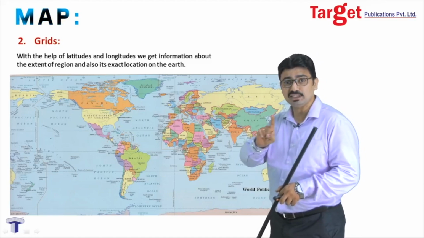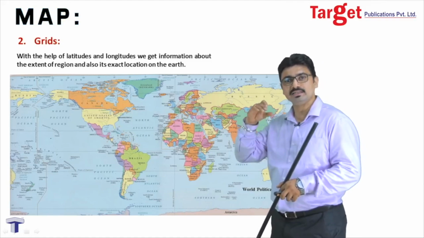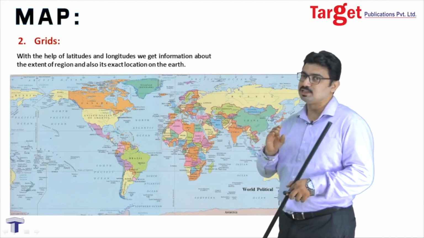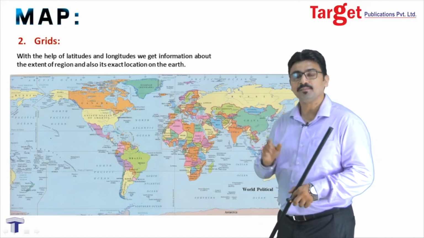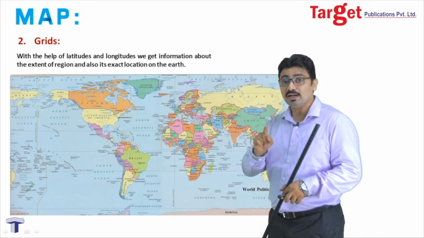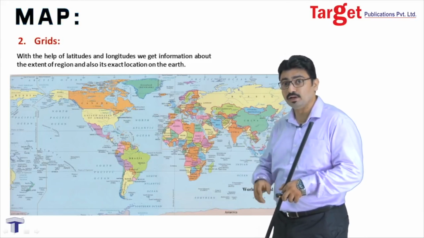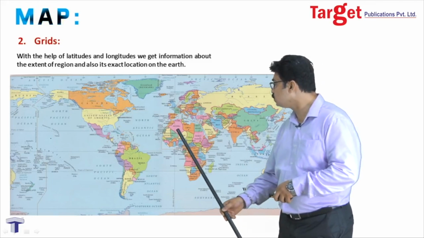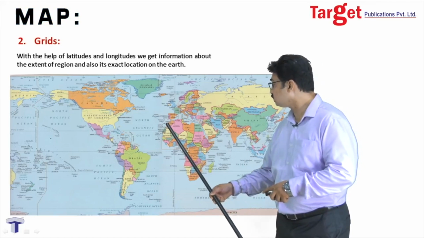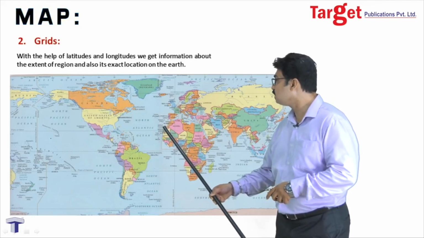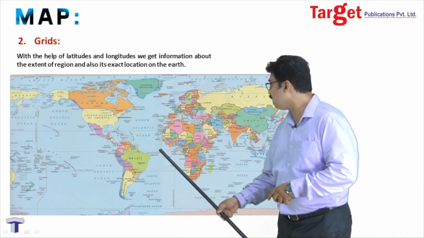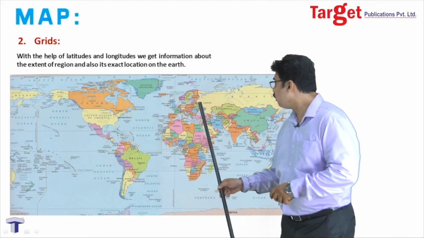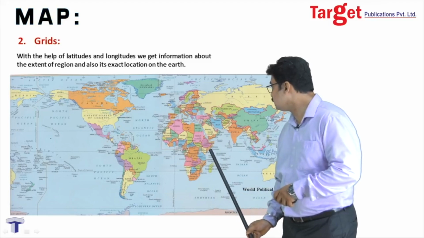So, the equator passes through this continent, some of which is in the northern hemisphere, some of which is in the southern hemisphere. Similarly, if we try to understand the longitudes part of it, what is the extent of longitudes? The extreme leftmost longitude touching the African continent is 17°10' west, and it goes up to 51°10' east.